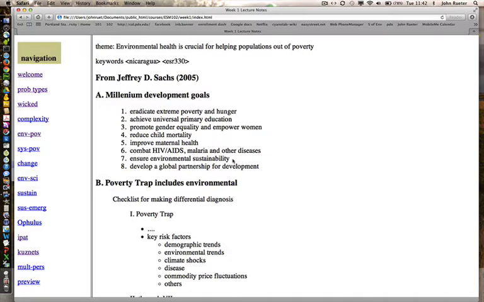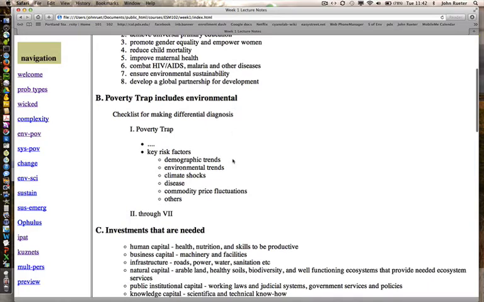So what happens with these goals is they're really all interrelated. And so in the idea of how environment and poverty are interrelated, there's a poverty trap that includes many environmental factors. So again, in Sachs' book, he talks about this checklist for making a diagnosis of what leads to poverty, and one of the things is identifying a poverty trap.